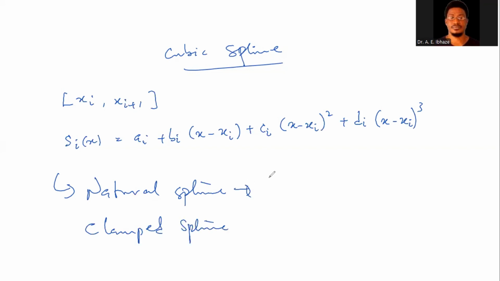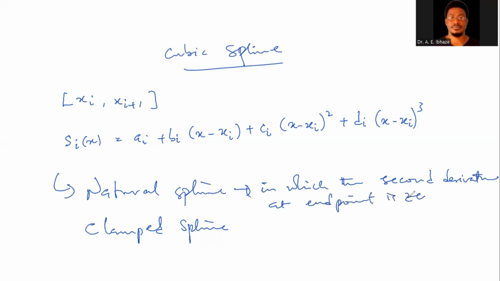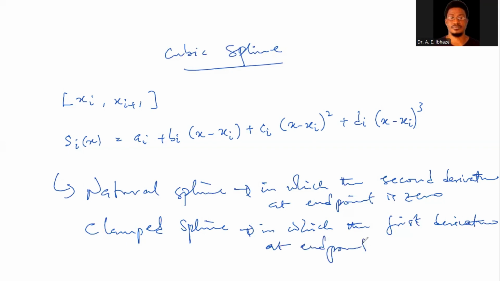For the natural spline, this is one in which the second derivative at the endpoints is 0. And for the clamped spline, this is one in which the first derivative at the endpoints is specified.